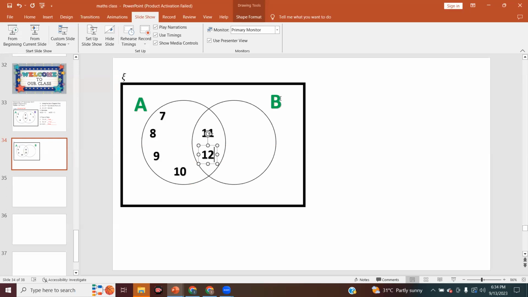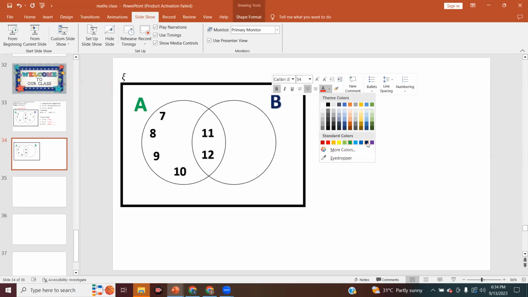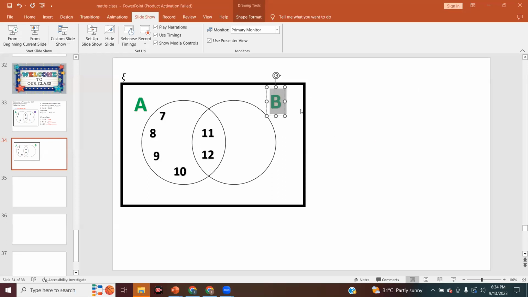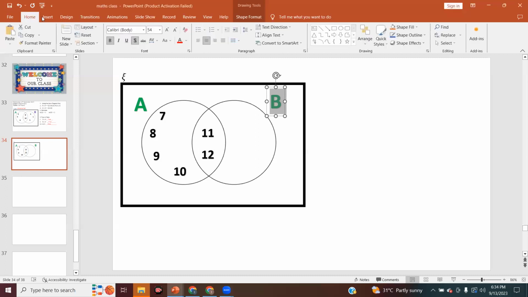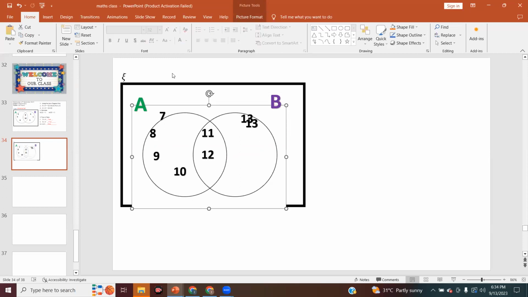Let me use another color for B. Let's say that for B we have 13. This one is 14.